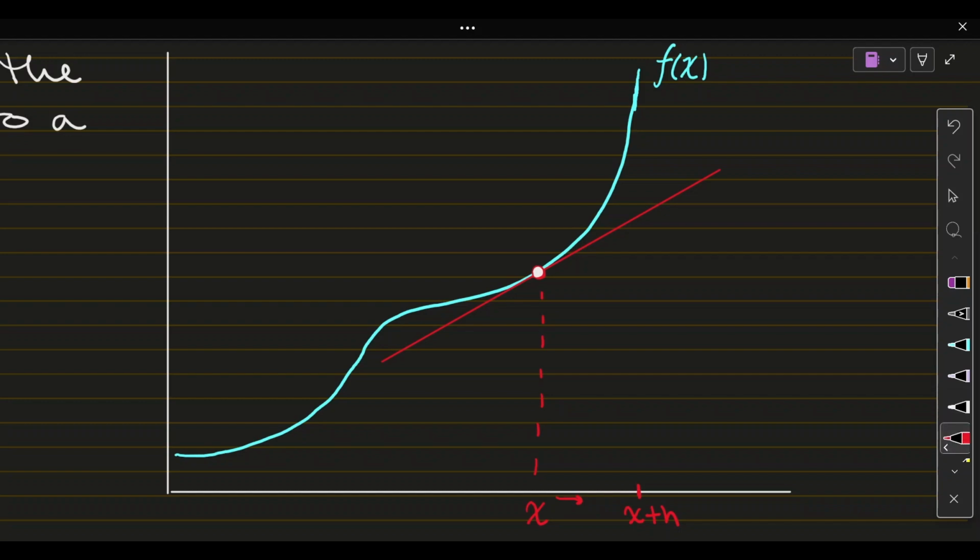And now f of x plus h, if I look at my curve, is like here. So this would be f of x plus h. So I'll go ahead and label these here. This is going to be f of x, and this is going to be my value f of x plus h.